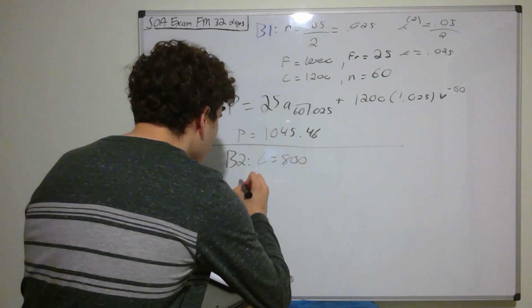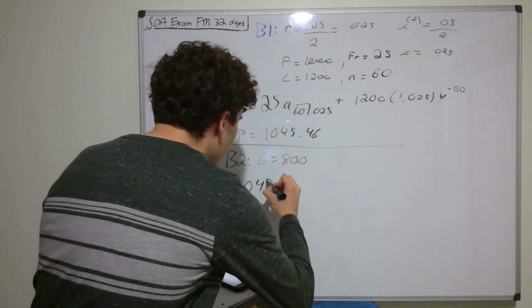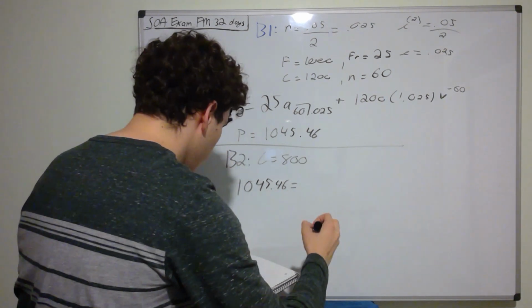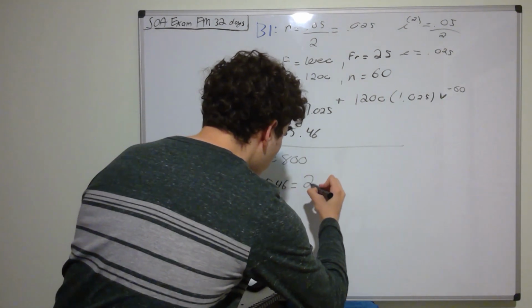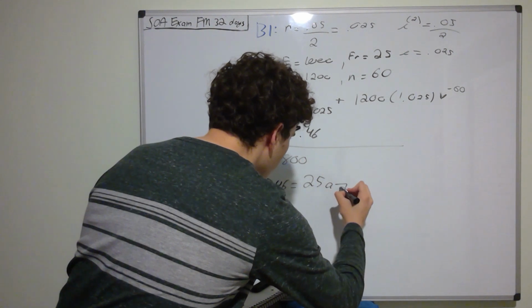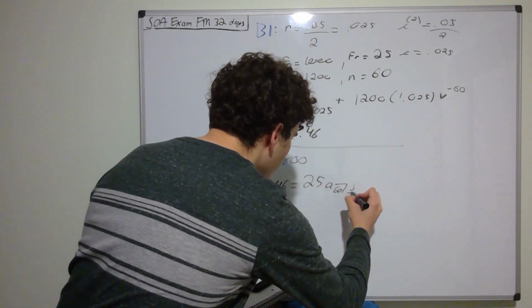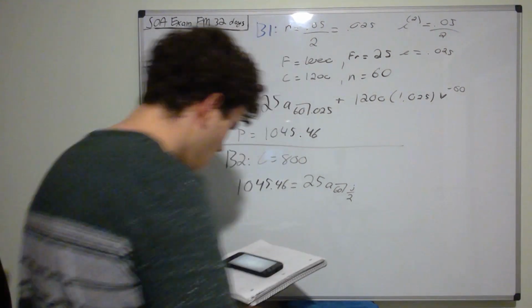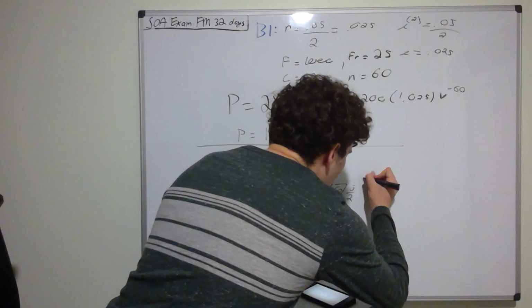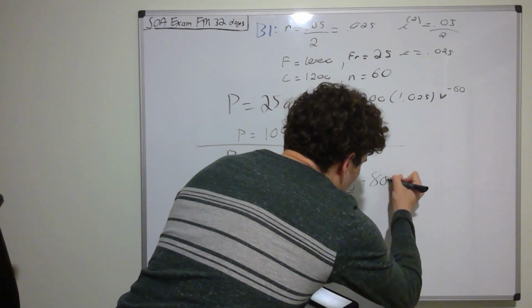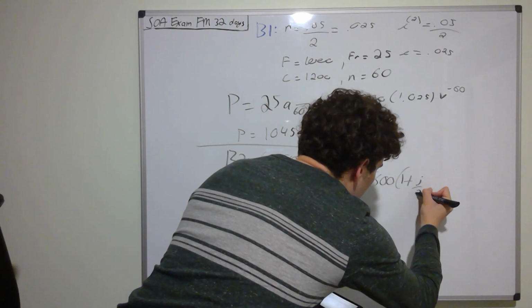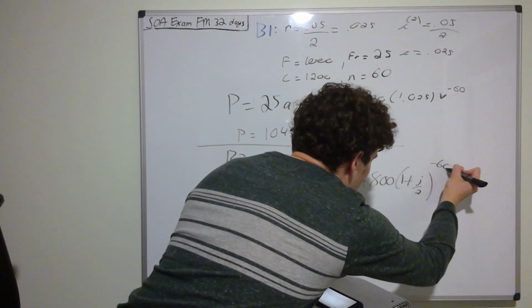So we have 1045.46 equals the coupon of 25 times a angle 60 at J over 2, because it's compounded semi-annually, plus 800 times 1 plus J over 2 to the negative 60.